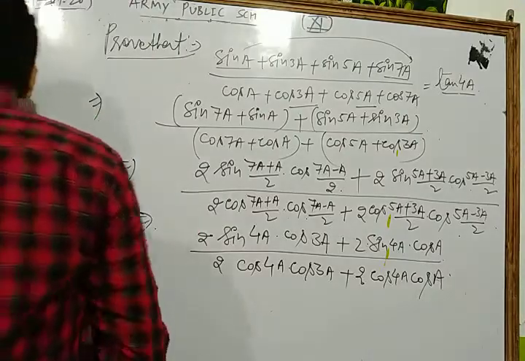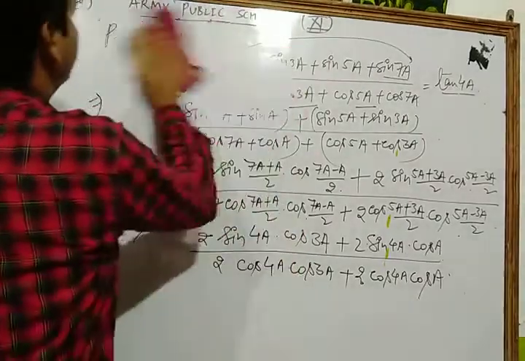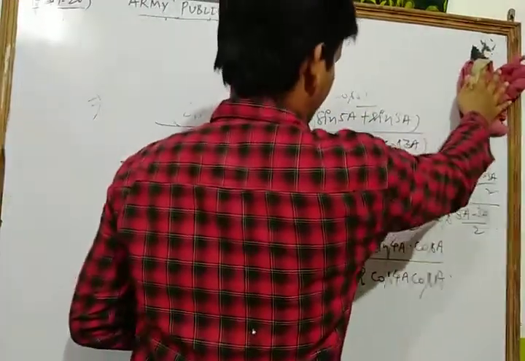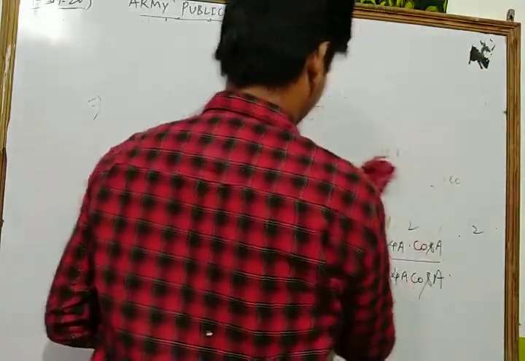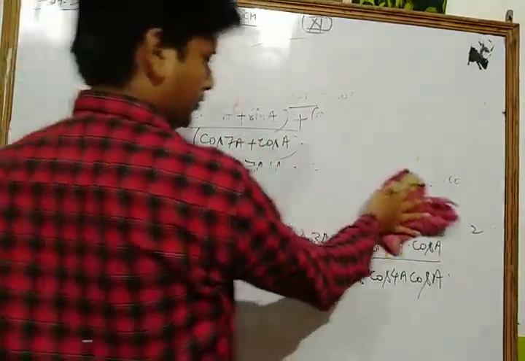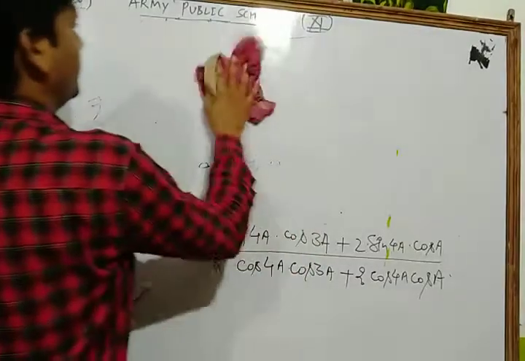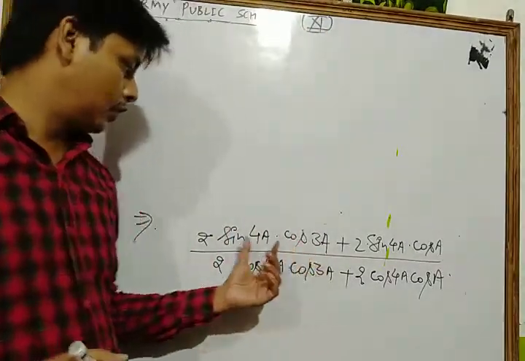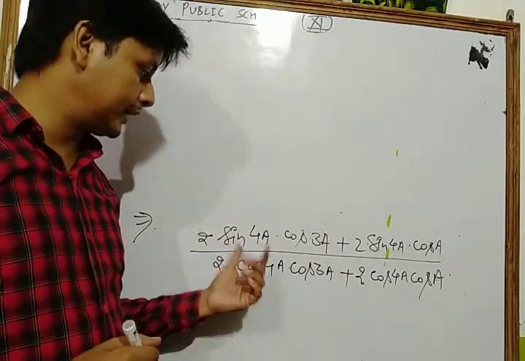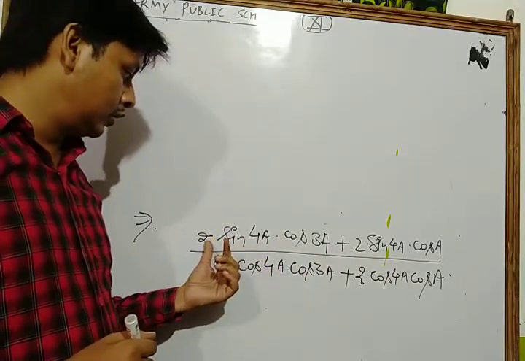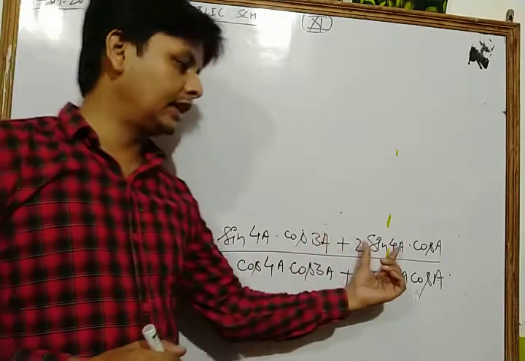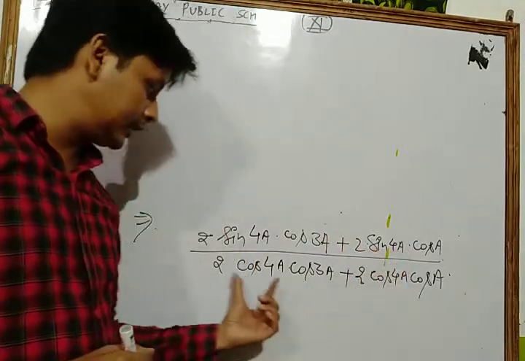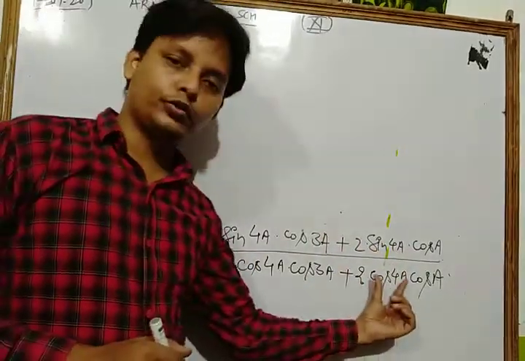Now let's see what is common in both the numerator and denominator. In the numerator 2 sin 4A is common, and in the denominator 2 cos 4A is common.